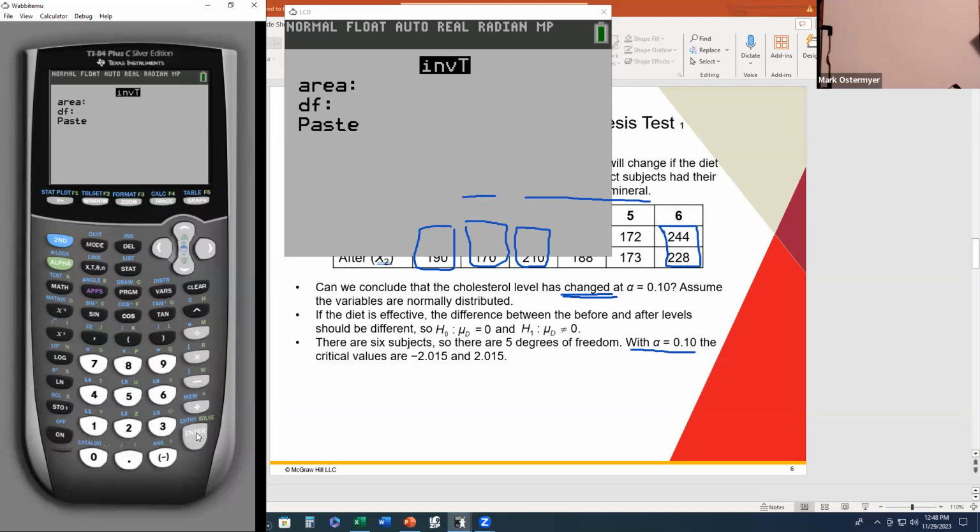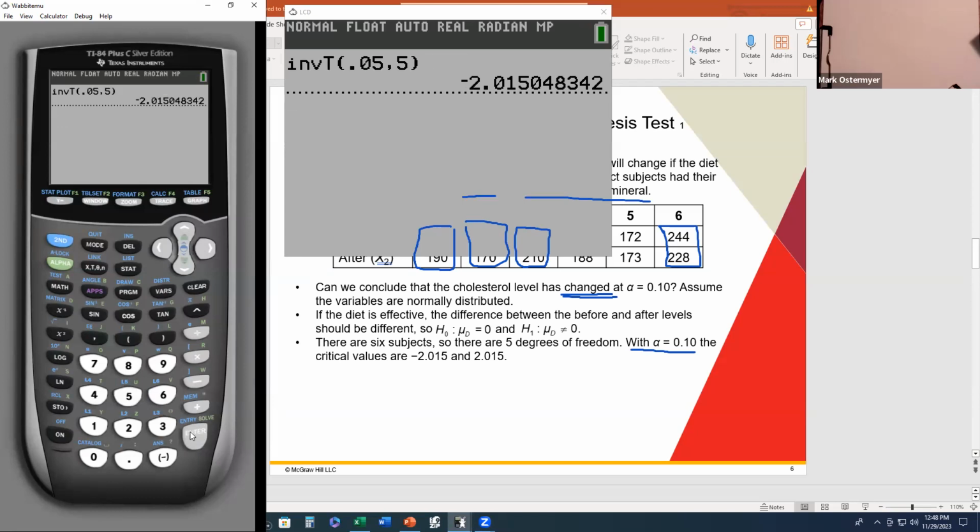Notice this is a 10% level of significance divided equally between the lower and upper tail rejection regions. So the area to the left of our lower critical t-value will be 5%. 10% divided by 2, alpha divided by 2, so 0.05. Degrees of freedom is 5. And here we go. There would be your critical t-values, positive and negative 2.015.